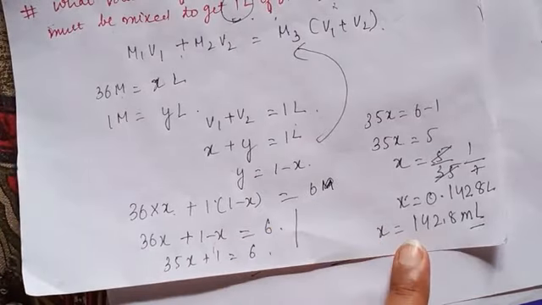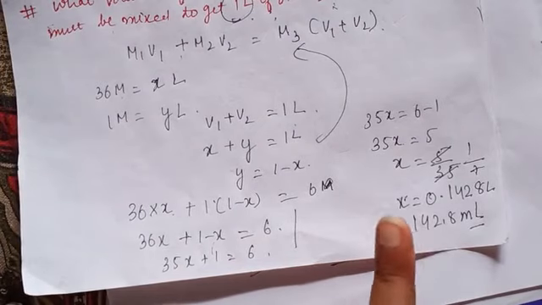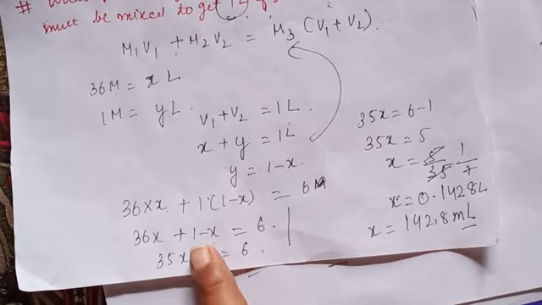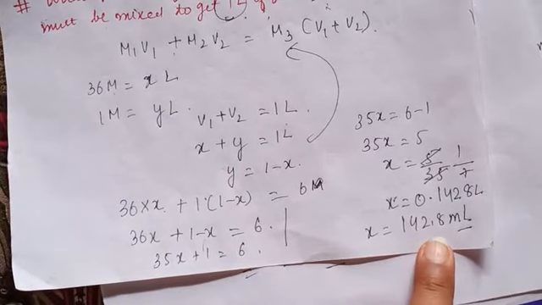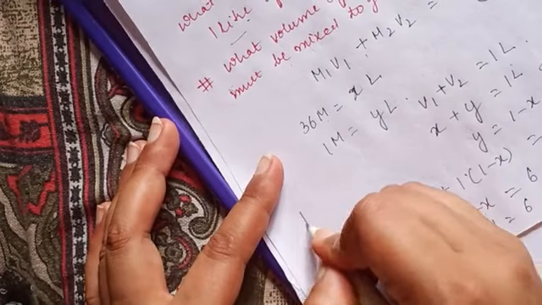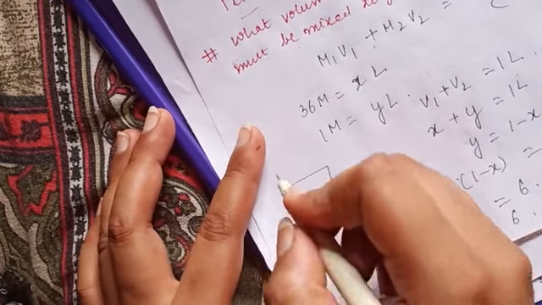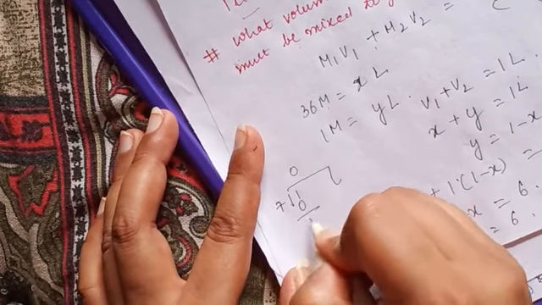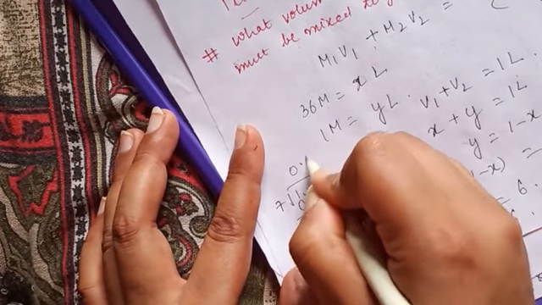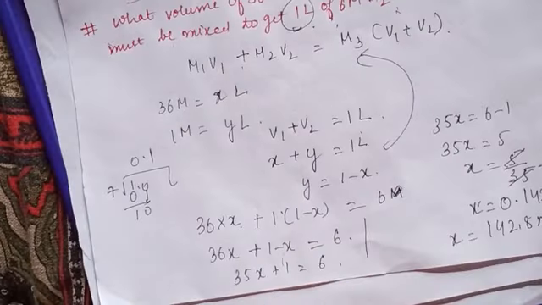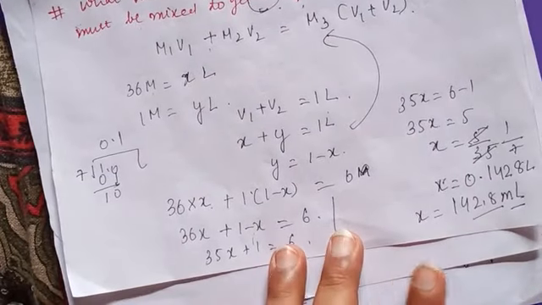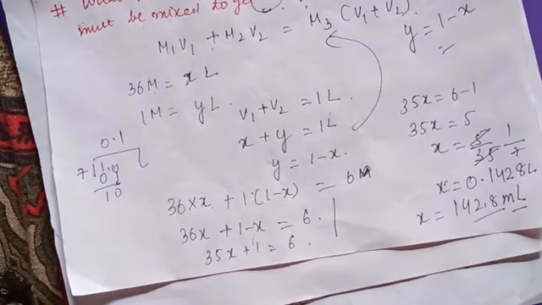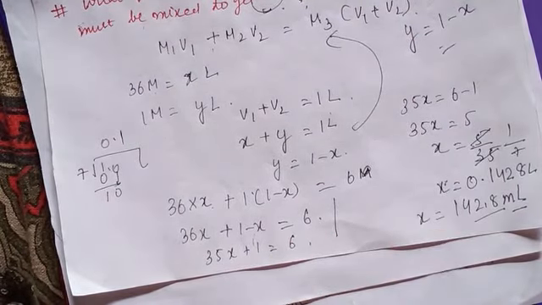Similarly, by subtracting it from 1 you can find the next volume. I was thinking the calculation is a bit incorrect, no, it's correct. Basically you can say 142.8 milliliter. Similarly you can find Y, that means 1 minus X, and by solving this you can find the volume of Y as well.